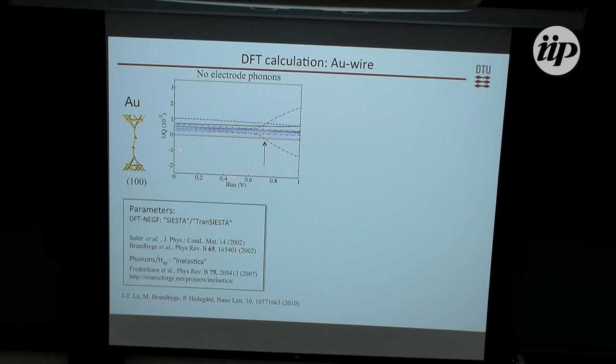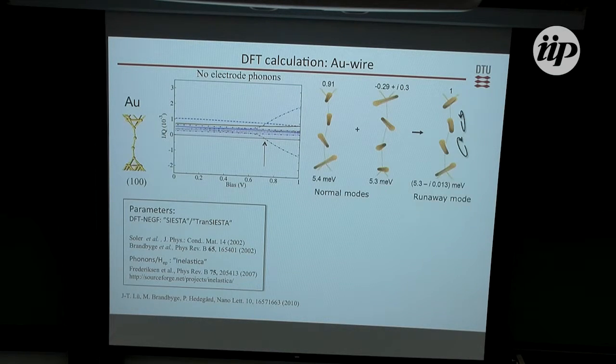So at 0 bias, the damping is all positive for all the modes here. But if you turn up the bias, and in this case around 0.7, then one of these modes actually gets a negative damping, which means that now the current is driving this motion. And what it looks like is actually a linear combination with complex coefficients of the normal modes.